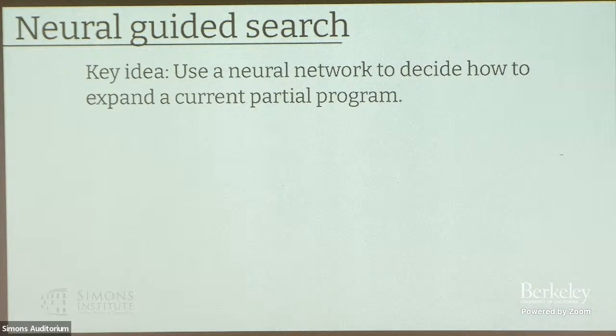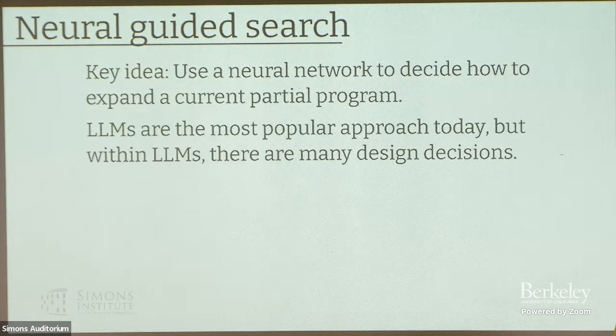The community explored lots of different approaches to neural guided search between, let's say, around 2015 and 2020. There's a big space there about exactly how you represent your programs, exactly what kind of neural architecture you use. Today, a lot of that has been somewhat subsumed by the rise of large language models.